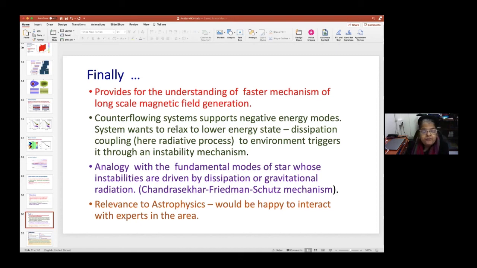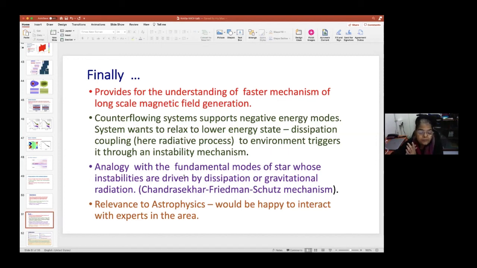One can see the analogy of this happening in the plasma with the fundamental modes of a star, whose instabilities are driven by dissipative effects, or something like if it excites gravitational radiation, then even these rotating stars are found to emit gravitational radiation, and they lead to an instability mechanism, which was studied by Chandrasekhar, Friedman, Schutz, etc. And we feel that this is an electromagnetic equivalent in some sense to what was happening in gravitational wave radiation in the star.